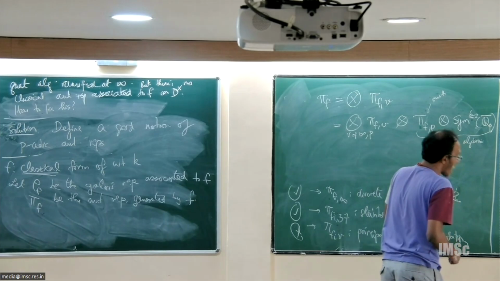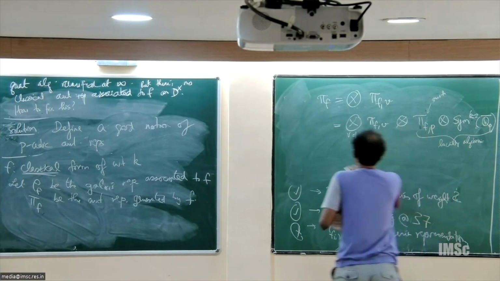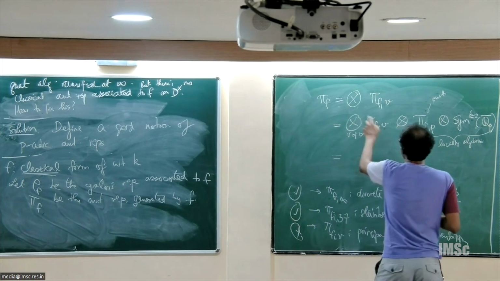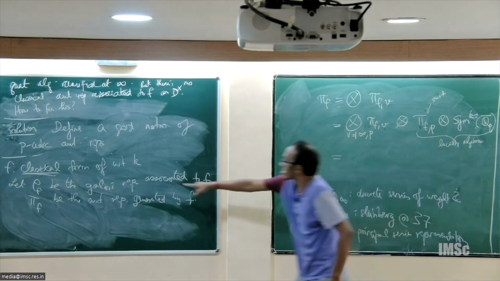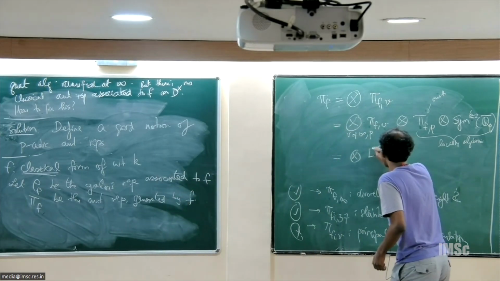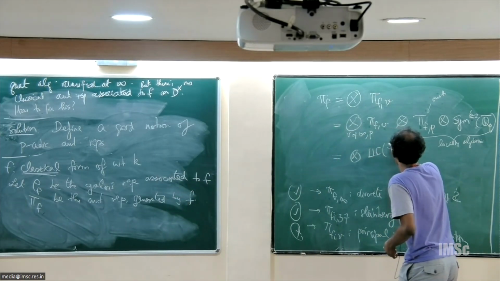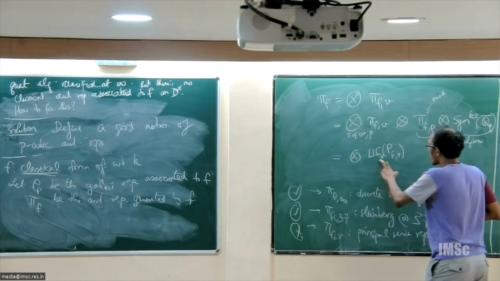And here's where the p-adic local-Langlands correspondence comes in and magically saves the day. So what I will do is notice that these local components are related to rho f. They are nothing but the local-Langlands correspondent of rho f at v, the p-adic local-Langlands correspondent.